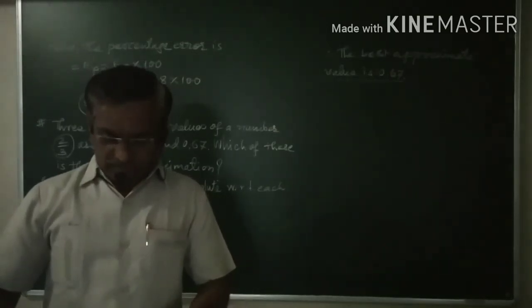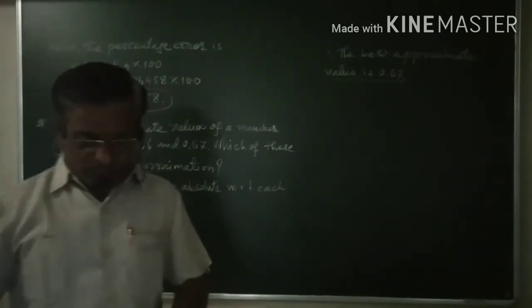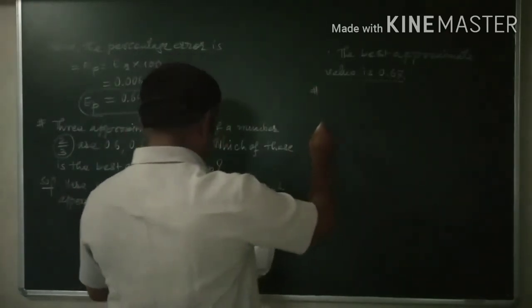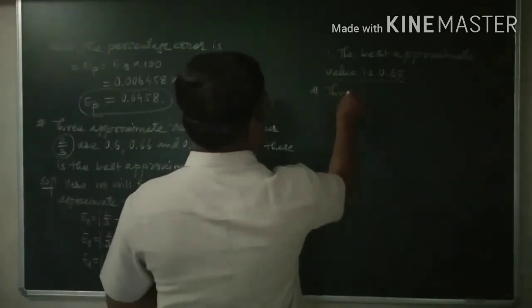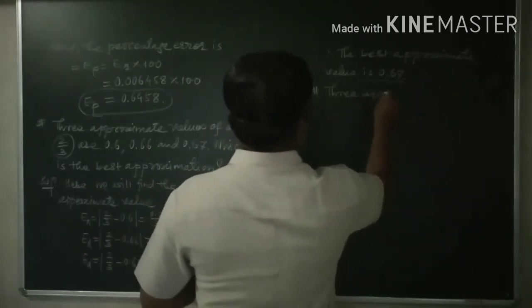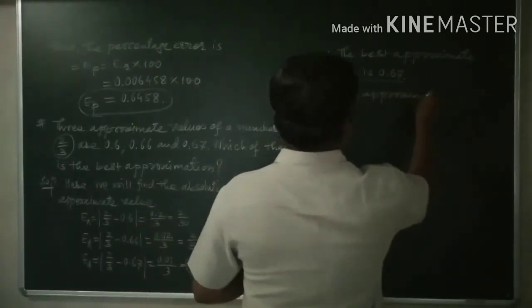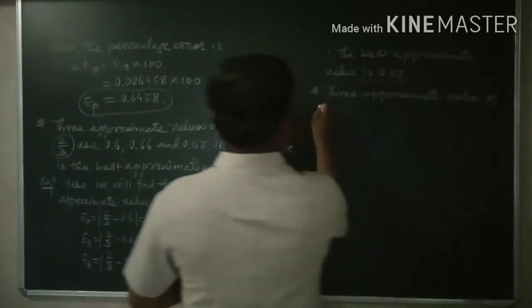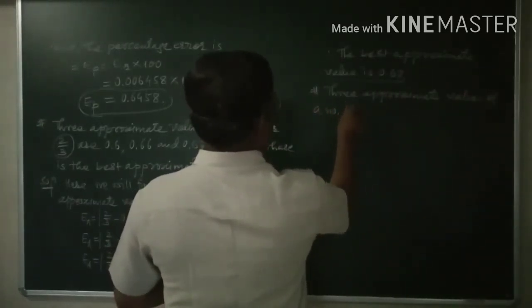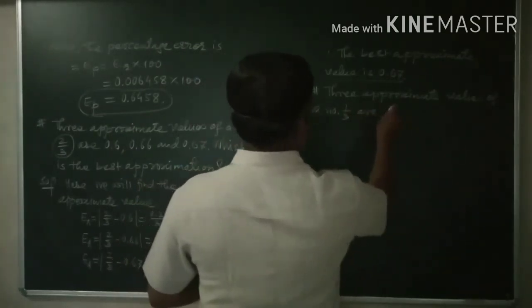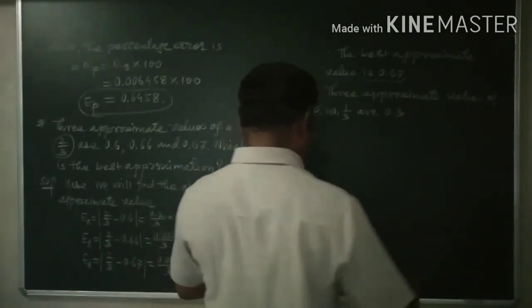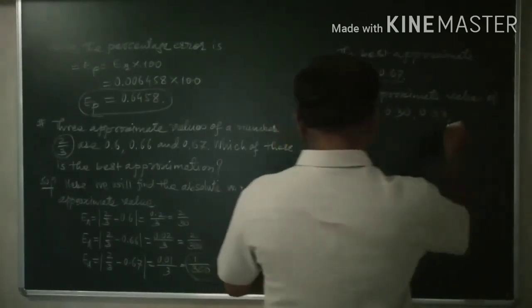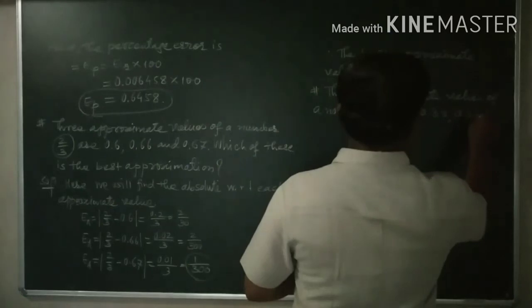Another example you can go for is the next one. This is for your practice. Three approximate values of the number 1 by 3 are 0.30, 0.33 and 0.34.